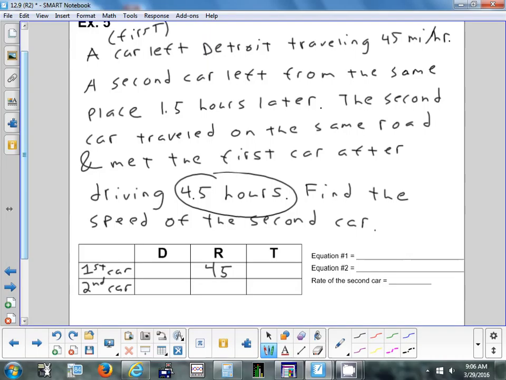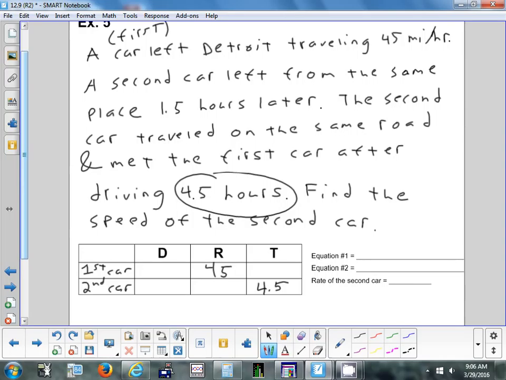It says the second car traveled on the same road and met the first car 4.5 hours later. So how long was the second car driving for? It says the second car met the first car after 4.5 hours. Okay? So that's my time of the second car.